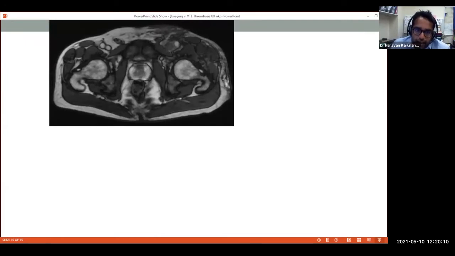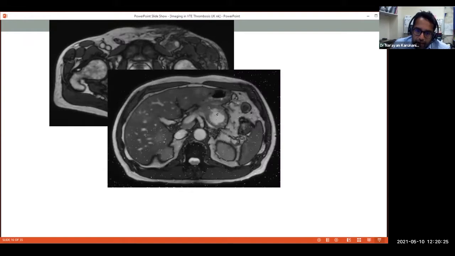This is yet another example of a patient who presented with a very swollen left leg, and again, similar to the previous cases, has a very occlusive thrombus within the common femoral vein with marked swelling in the vein wall and in the subcutaneous fat.